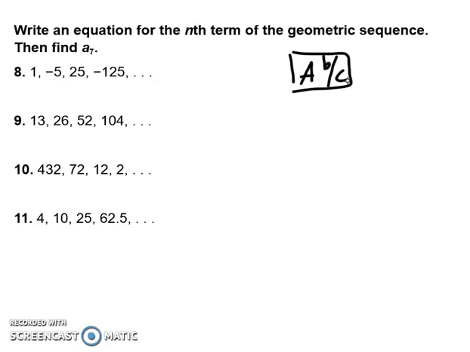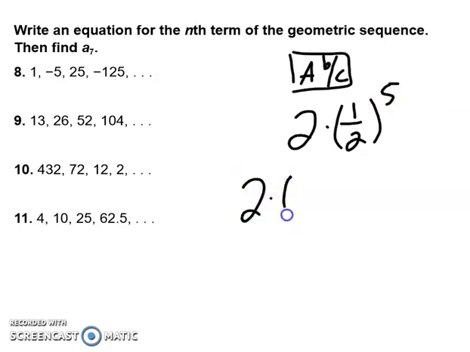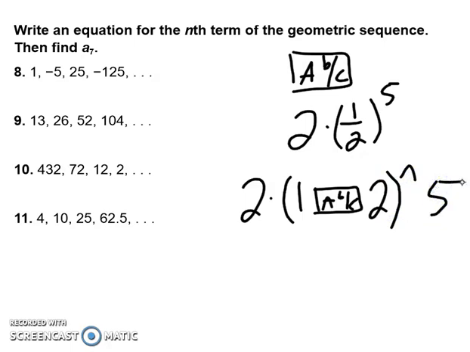So for example, if you had 2 times 1/2 raised to the 5th power, let's just say. What you would want to type in is 2 times parenthesis 1, then that ABC 2, caret 5.